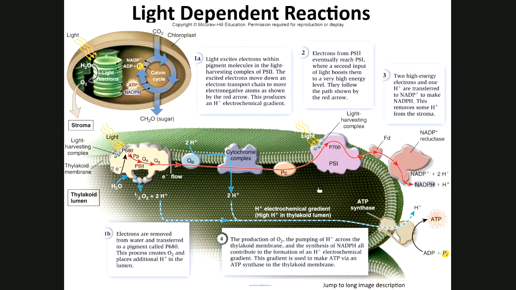They need special proteins. Well, there is a special protein: ATP synthase. Hydrogen ions are going to move through ATP synthase, and this movement of hydrogen ions gives ATP synthase the energy to make ATP. Very similar, right, to how we made ATP during oxidative phosphorylation in cellular respiration.